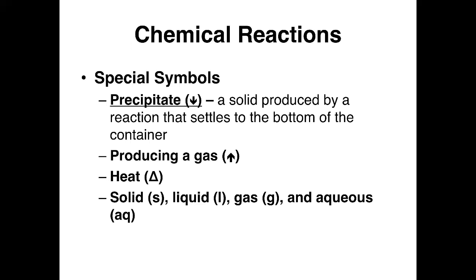And then sometimes they use subscript little lowercase letters to represent the physical state that any particular compound is in. So for example, if you have oxygen gas, you'll have O subscript 2, and then beside the subscript 2 will be a little g in parentheses.